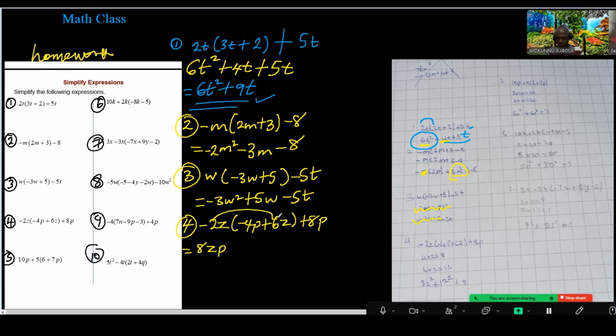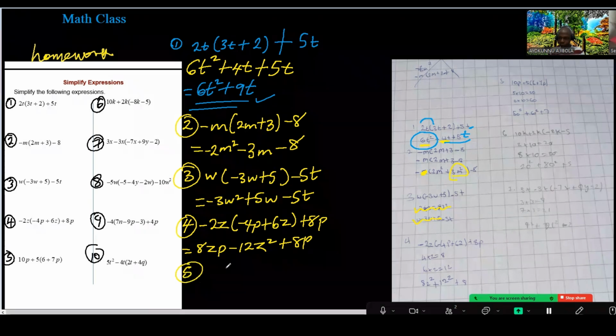Then the second one, 2 times 6 is 12, and it's negative because it's going to overpower the positive, so that is minus 12, then z times z is z squared, then plus 8p. So all the three terms are not related at all, because this is 8zp, this is 12z squared, and this is 8p. They are not the same alphabet. That's your answer. You can go further.